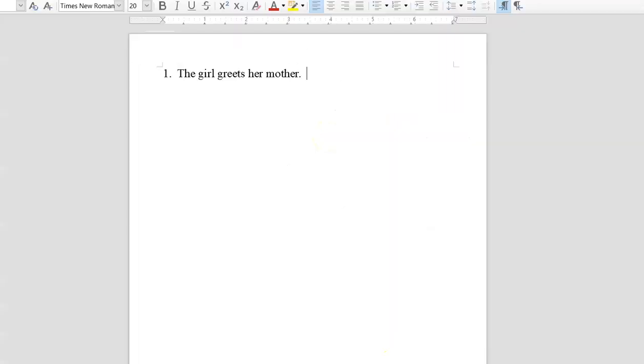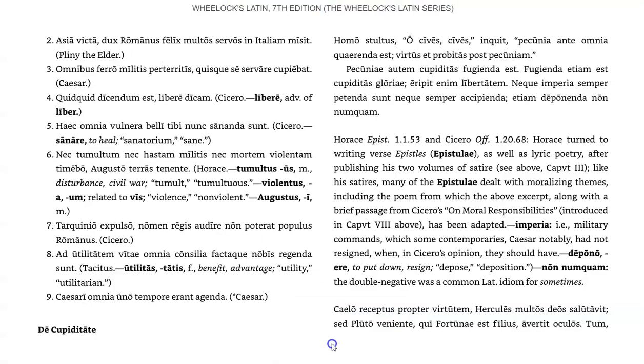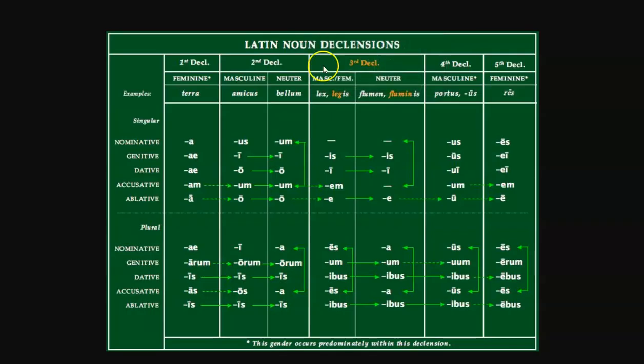Let's take a look at some basic sentences in English and translate them into Latin. And in particular, one of the things we want to get confident in is really the Latin noun declensions.